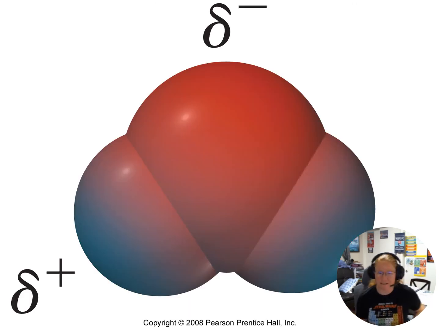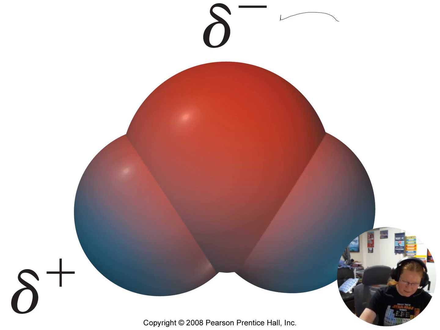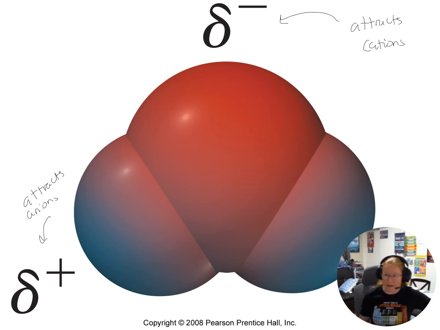So here's an electron density map of water with its partial positive and partial negative ends. We get that polarity because of those partial charges. This partial negative end will attract cations. This partial positive end will attract anions.